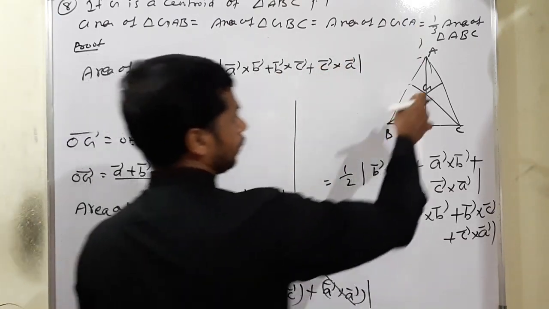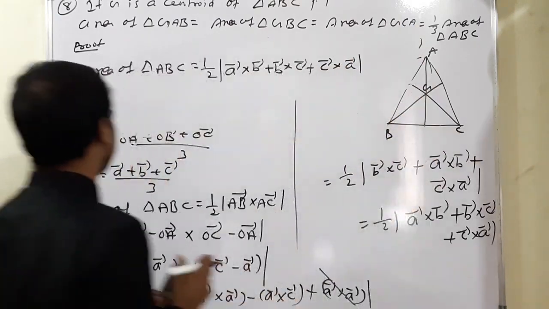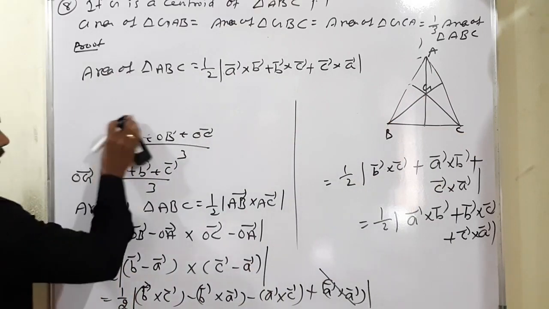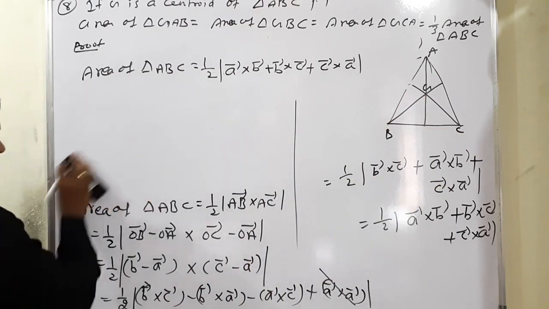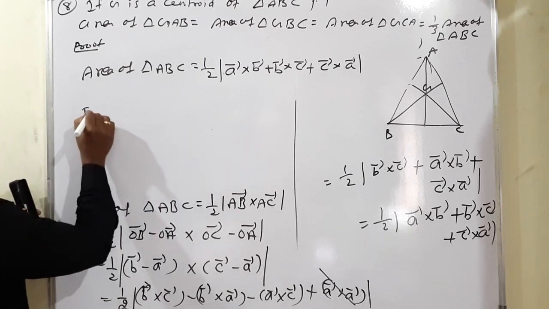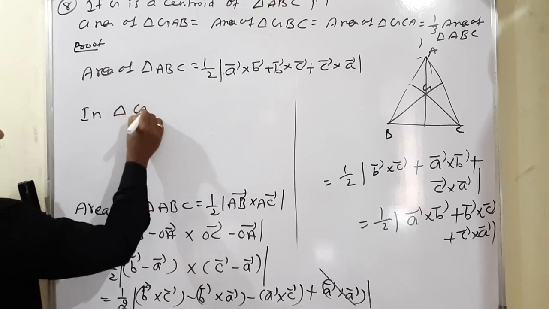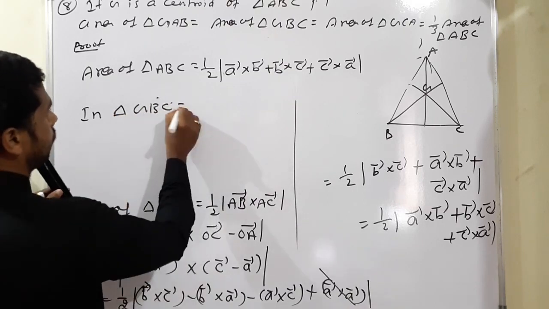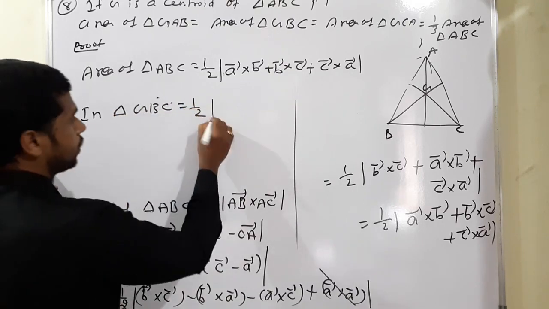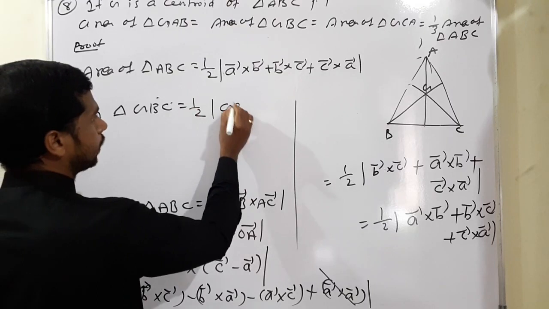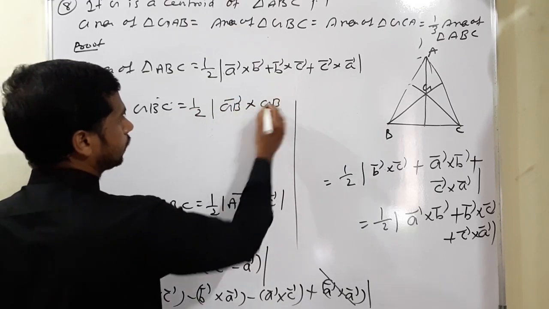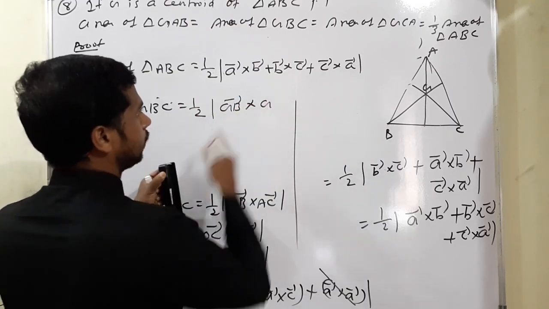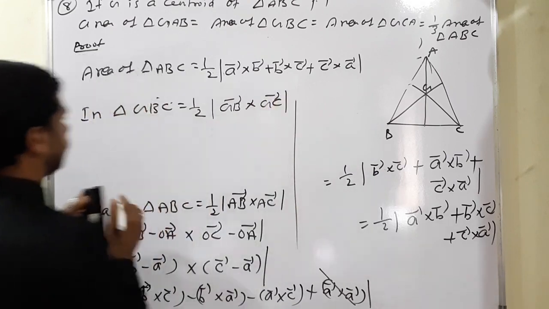So I will consider triangle GBC. In triangle GBC, what is the value? Triangle GBC means half into, starting with G, GB vector cross GC vector.